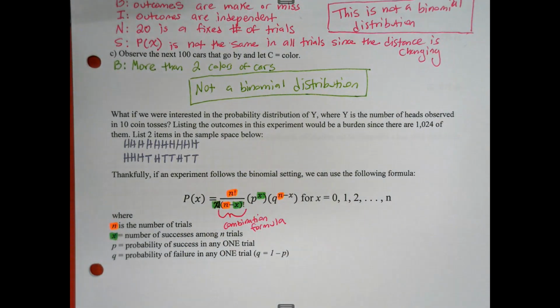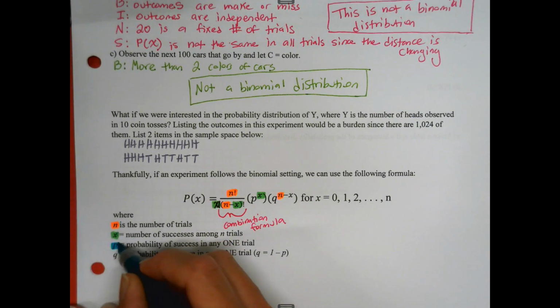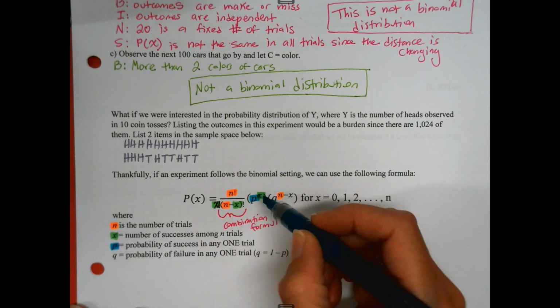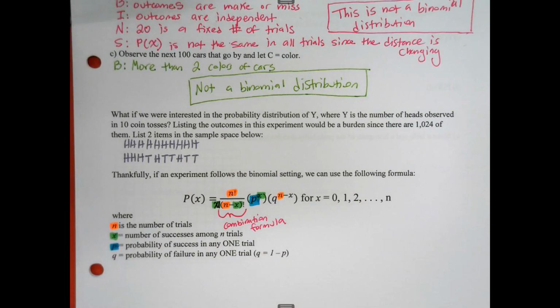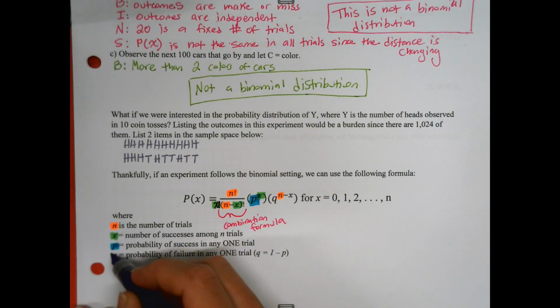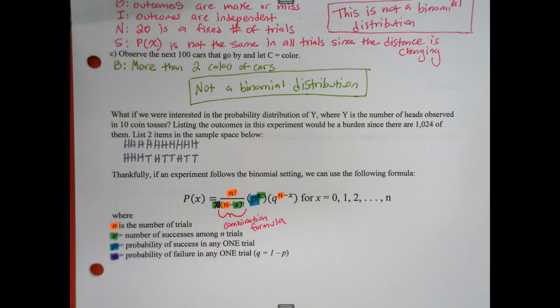P is our probability of success. So what's the probability that we are successful in any one trial? And Q is the probability of failure. One easy way that we can find the probability of failure is to take 1 and subtract away our probability of success.